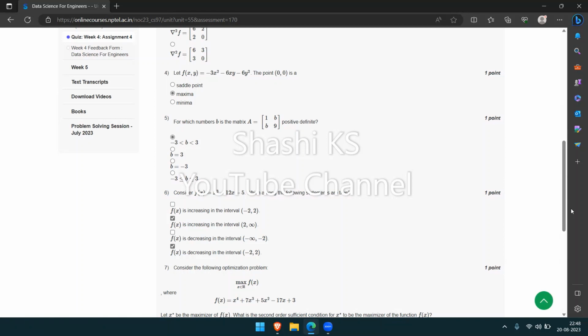So the answer to this is f of x is increasing in the interval 2 to infinity and f of x is decreasing in the interval minus 2 to plus 2.